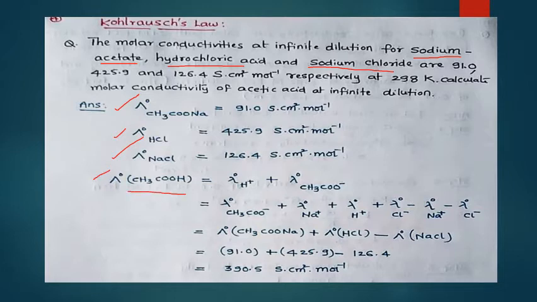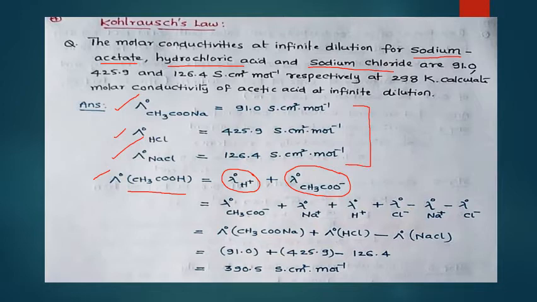So it can be written as this one. Ionic conductance of H plus, already I explained how to write, and lambda naught CH3COO minus. Clear? Next, by using this data, we have to solve for the CH3COOH.